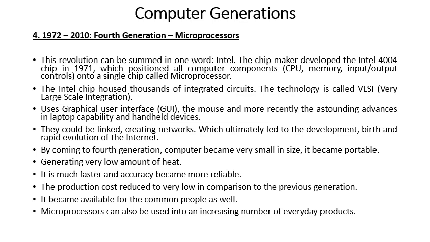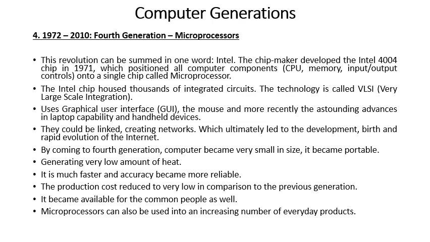They could be linked, creating networks. So we can use these computers with internet connectivity, over a network, which ultimately led to the birth and rapid evolution of the internet. By the fourth generation, computers became very small in size and portable.